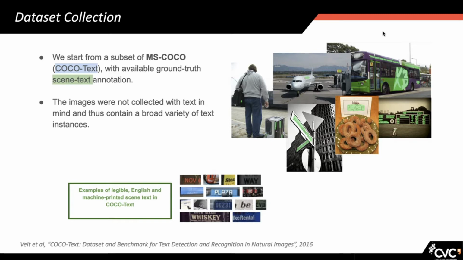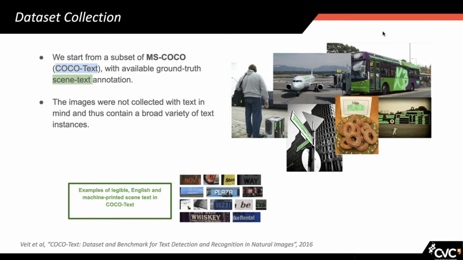An important thing to note is that COCO text, since it's a subset of MS COCO, was not considering syntax when the images were included in the dataset. So this more or less models the real-life distribution of syntax appearances in the world, and it's very interesting how to model this specific syntax in a cross-modal retrieval pipeline.